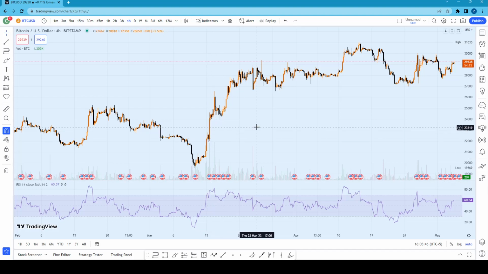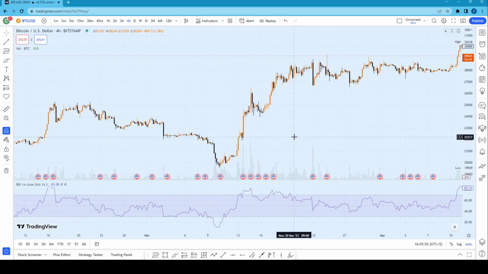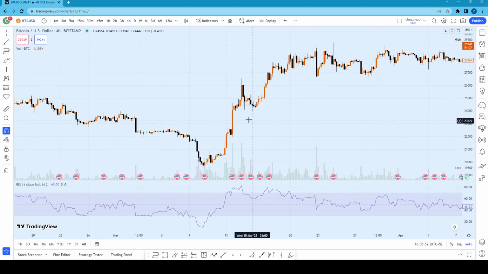That's how people use it. Now, what is different? Once it goes below 30, you don't just buy there. You wait for it to go back above 30. You won't buy this whole move. You might miss the exact bottom, but it doesn't matter.